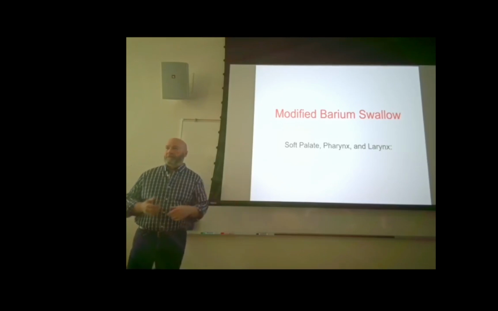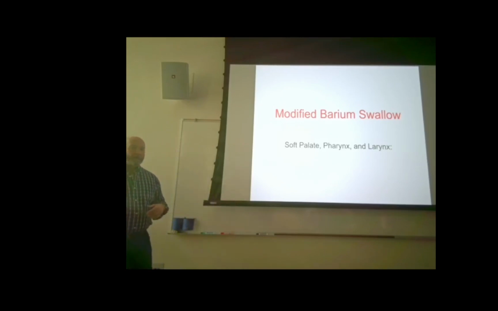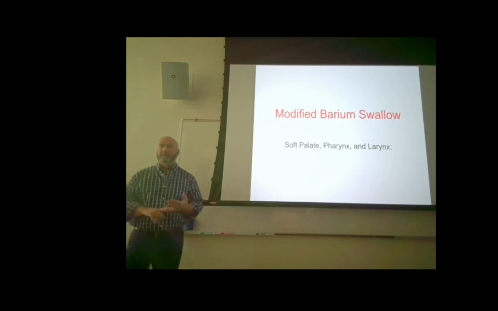So with the modified barium swallow, what we're looking for is how to feed the patient, right? In this exam, you're going to be in the room, a radiologist or a PA is going to be in the room, and usually at least one speech pathologist will be there as well.